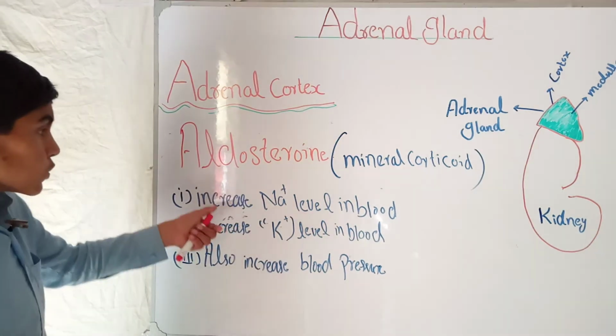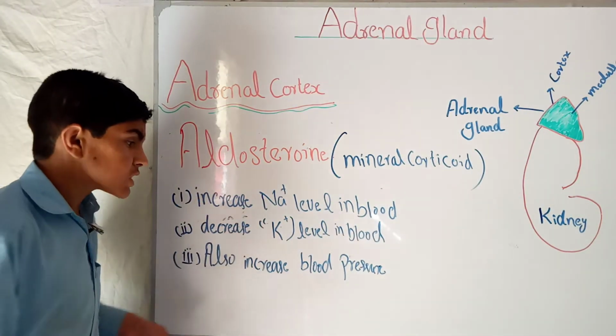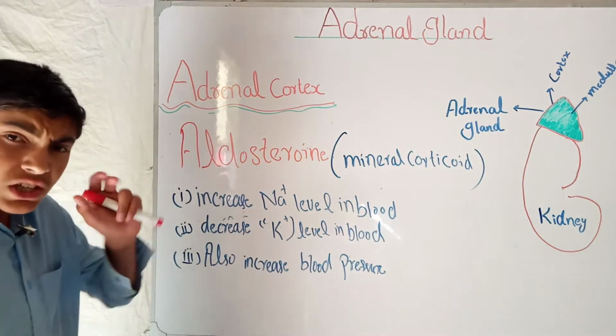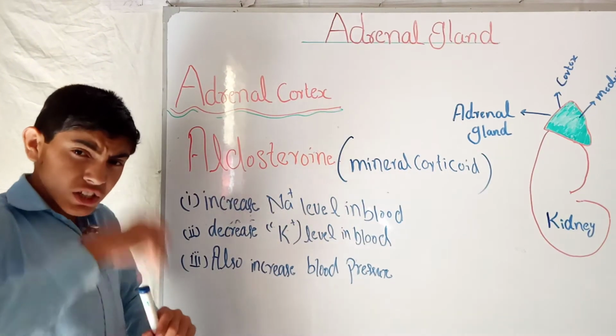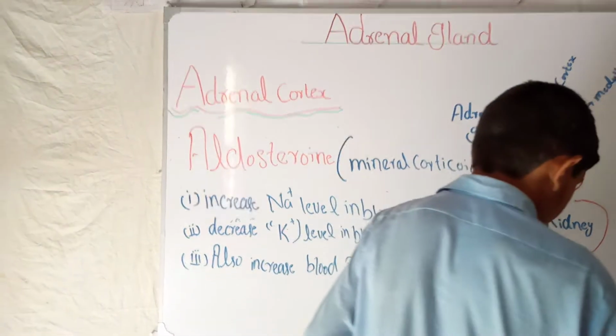Okay, so this hormone increases the sodium level in blood, decreases the potassium level in blood, and also increases the blood pressure. This action of the aldosterone hormone is done like this.